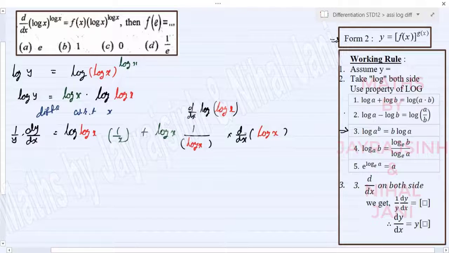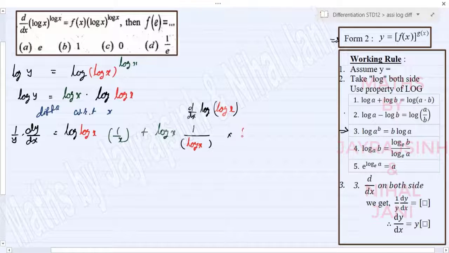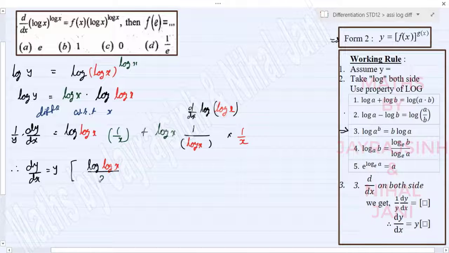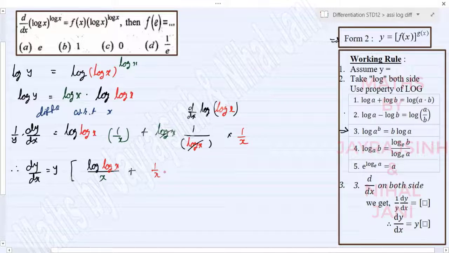Within the box we have log x, so we multiply by the differentiation of log x, which is 1 upon x. So finally here we get dy by dx is equal to y into log of log x upon x, plus this log x will cancel out, we will get 1 upon x.